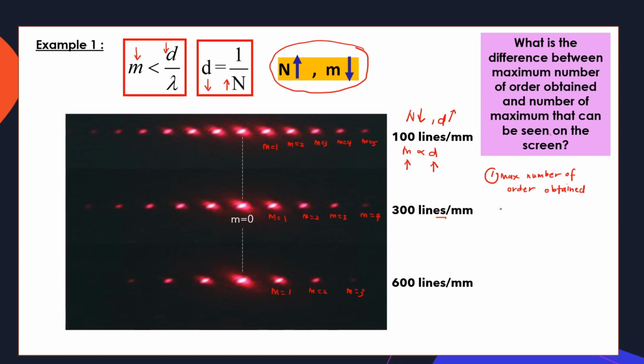What is your answer here? And second is the number of maximum that can be seen on the screen. Sorry for the bad writing. So, the maximum number of order obtained on the screen.